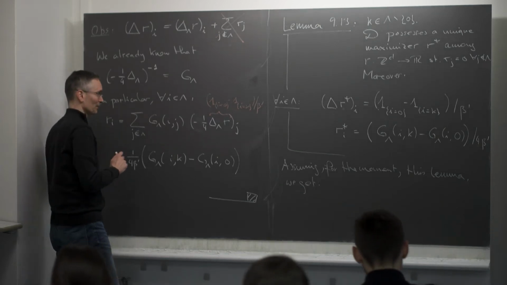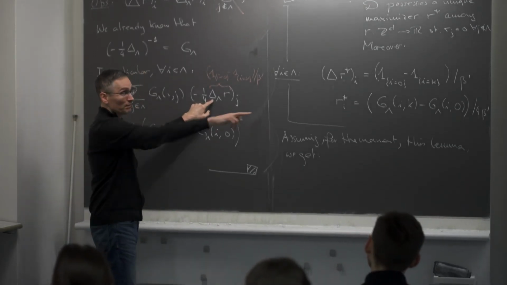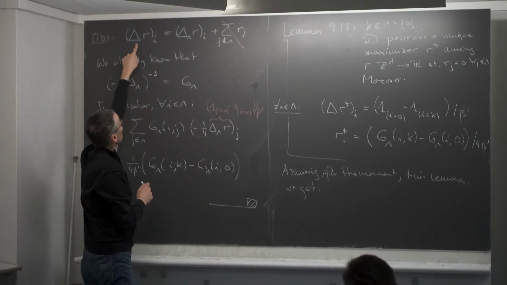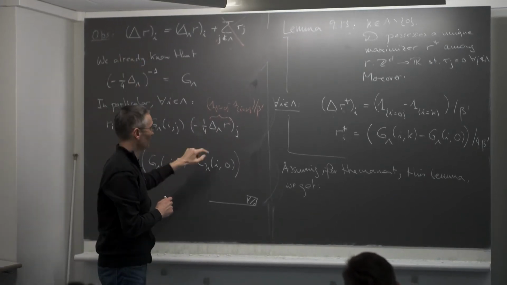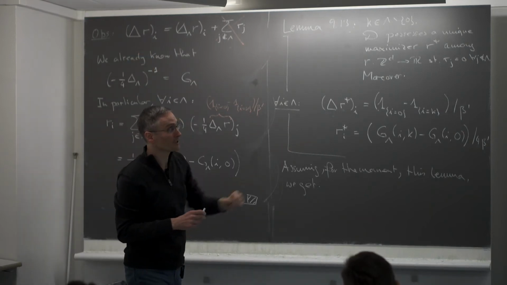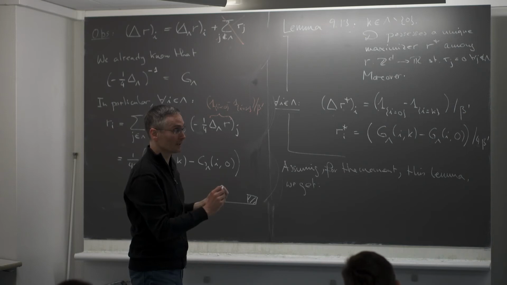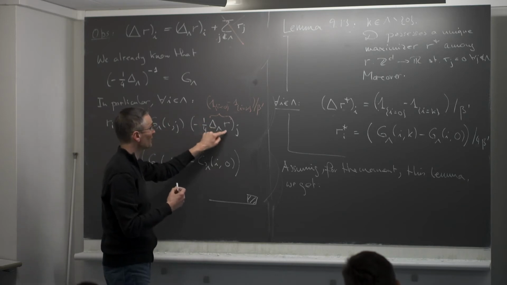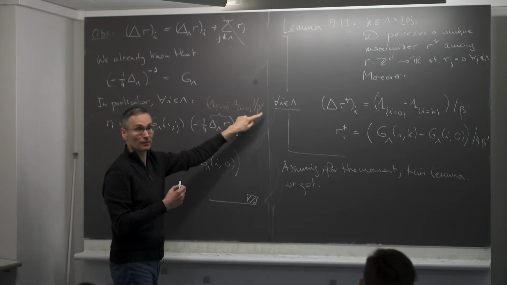Now I know by what we did before that the Laplacian in lambda of R, which is the same as the full Laplacian of R, satisfies the equation which is there: it's equal to the indicator that I equals 0 minus the indicator that I equals k, divided by beta prime. So I'm just substituting. This is equal to this expression here.